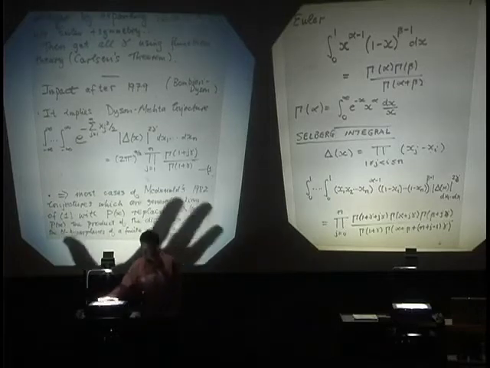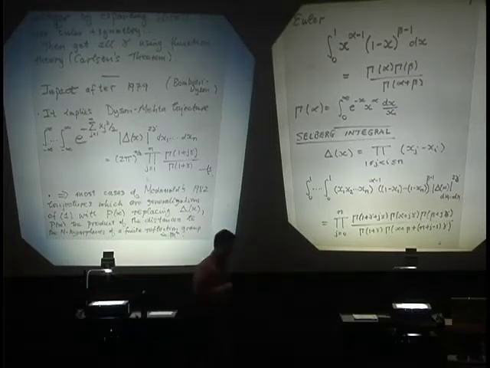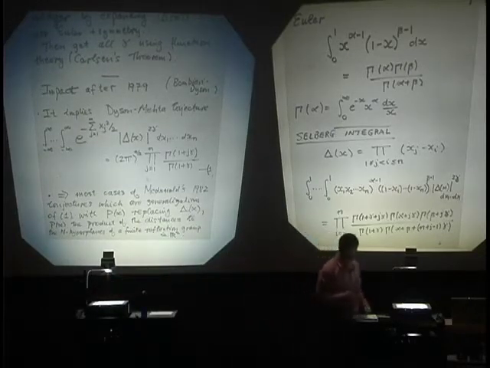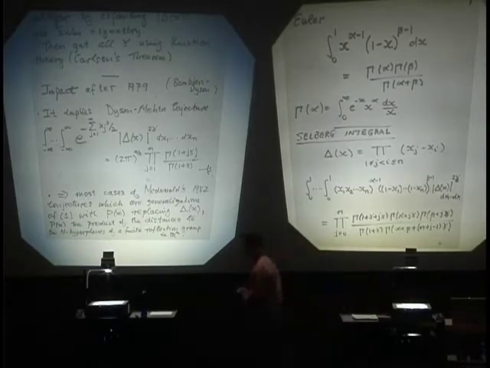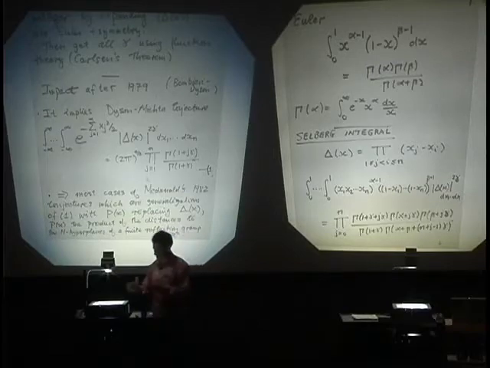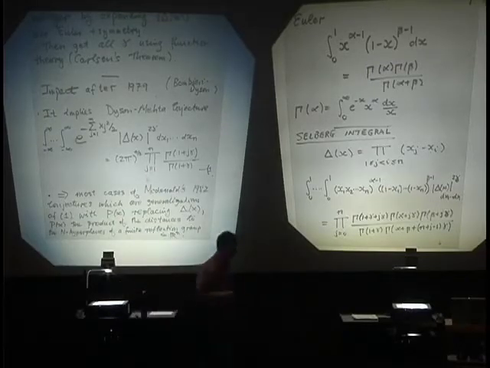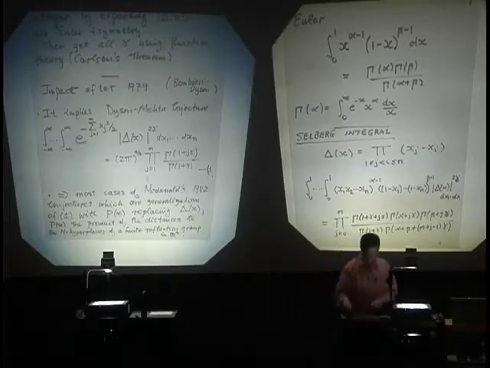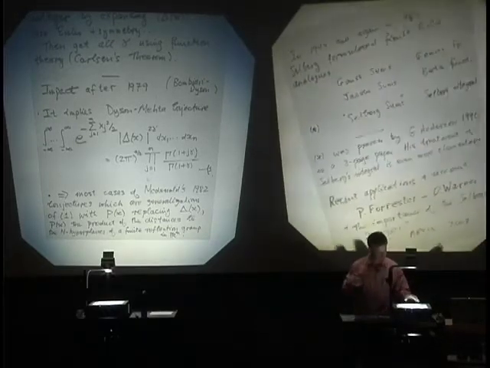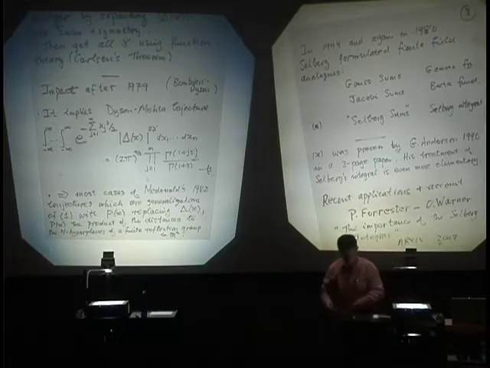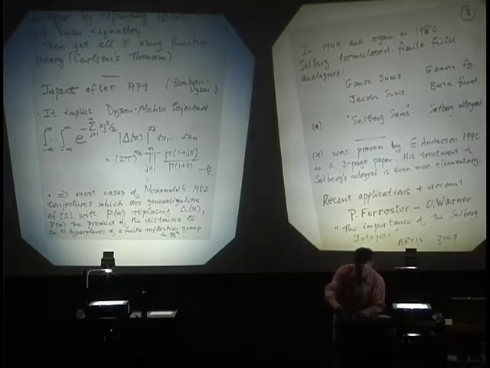The final solution of the last case was done by Opdam, I think that's his name, in 1990. So this Selberg integral has become very important, as it should be, because it appears naturally in all sorts of places.